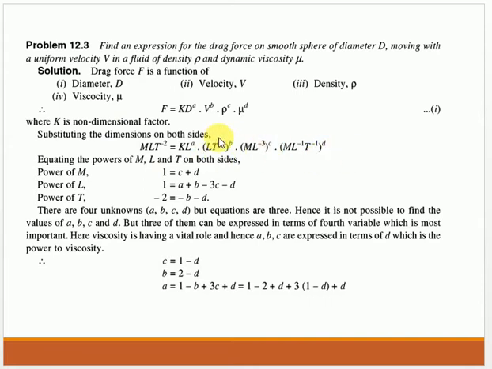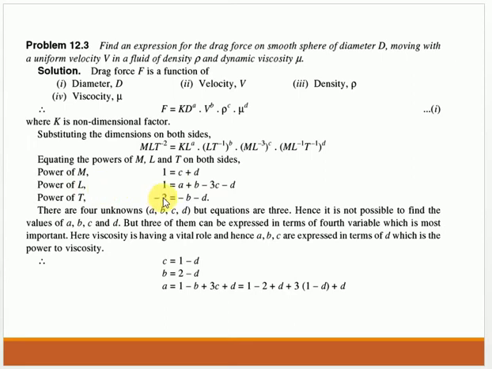Now we equate the powers of M, L, T on both sides of the equation. The power of M is 1, so 1 equals c plus d.